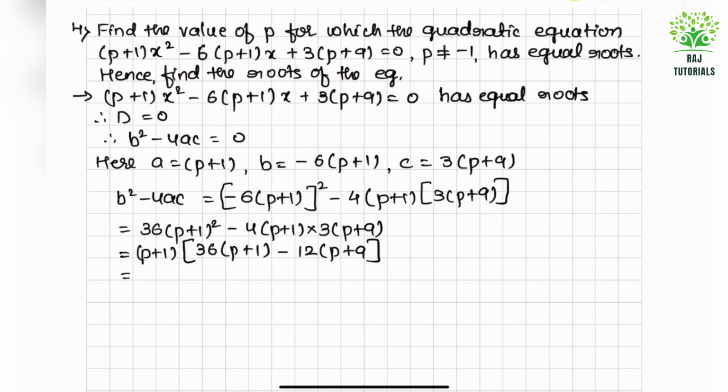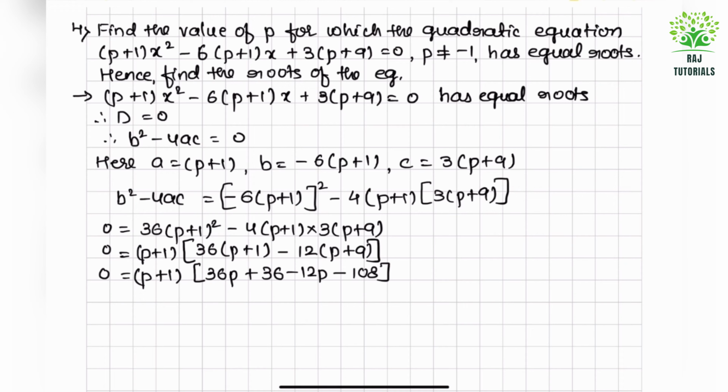So solving this, (p + 1)(36p + 36 − 12p − 108). This all should be 0.